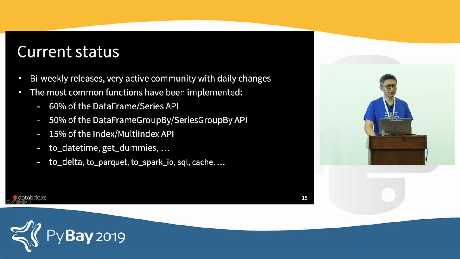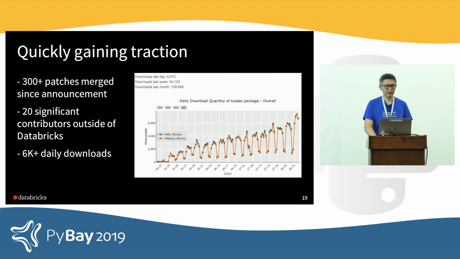Also to_parquet, to write parquet tables and files, and any built-in data sources supported by Spark, like JSON, CSV, JDBC, and text, and a lot of different data sources. If you are familiar with the SQL language, you can also use SQL statements by calling ks.sql, and of course some cache and other APIs.